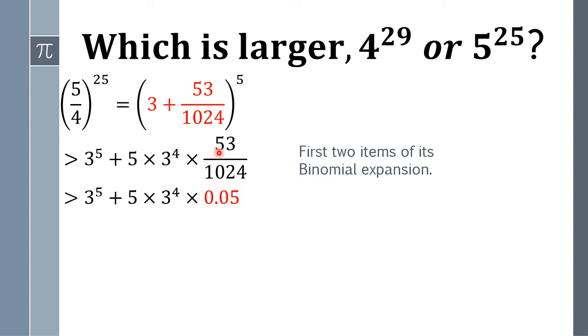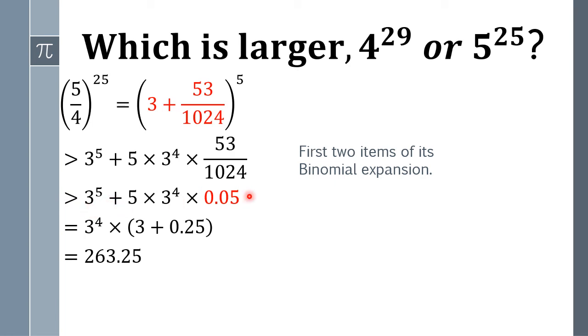However, 53 over 1024 is still not easy to calculate, but we know it is slightly larger than 0.05. So we use 0.05 to substitute 53 over 1024, and again, there's a larger than symbol here.